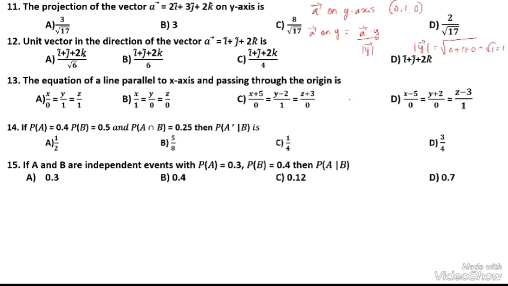Vector A dot y: that is 2i cap plus 3j cap plus 2k cap dot 0 i cap plus j cap plus 0 k cap, because only the y-axis is present. 2 into 0 becomes 0. 3 into 1 is 3. 2 into 0, 0. It is 3. I am substituting the values in the formula. It becomes 3 divided by 1.